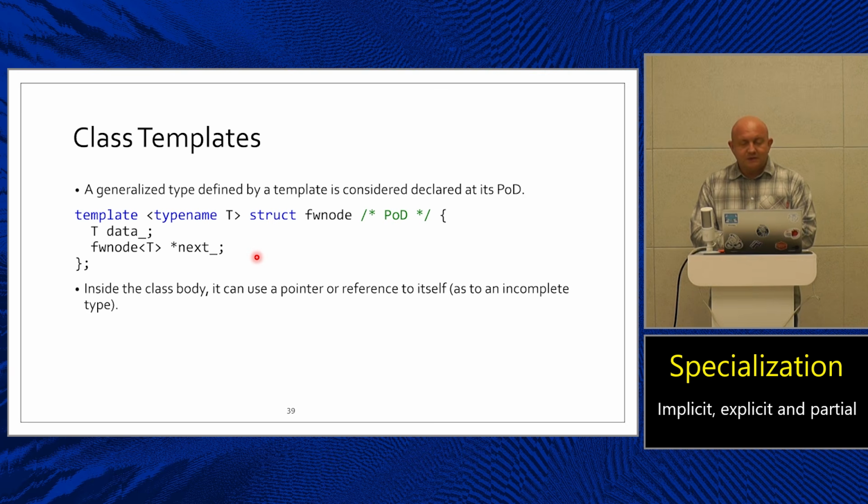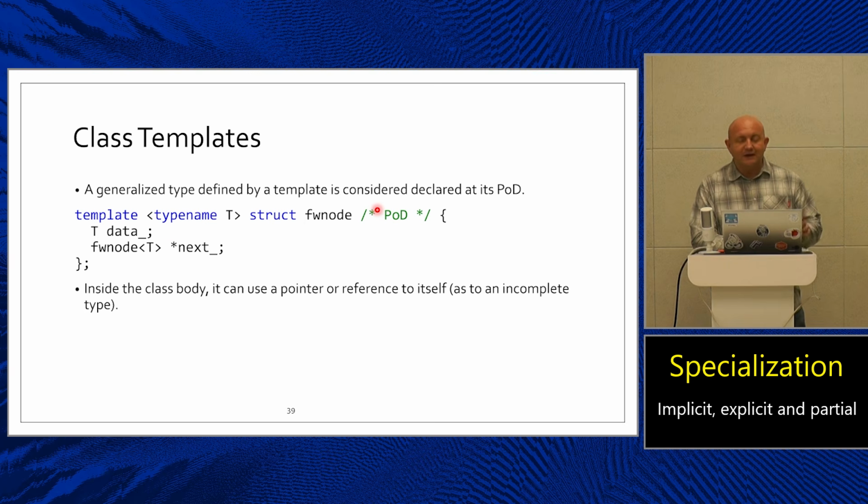When we write class templates, unlike function templates, the point of declaration is crucial. For class templates, point of declaration is right after the class name and its template parameters. Once the point of declaration has been reached, the name, in this case ForwardNode, this is a forward list, do you see it? is considered declared.